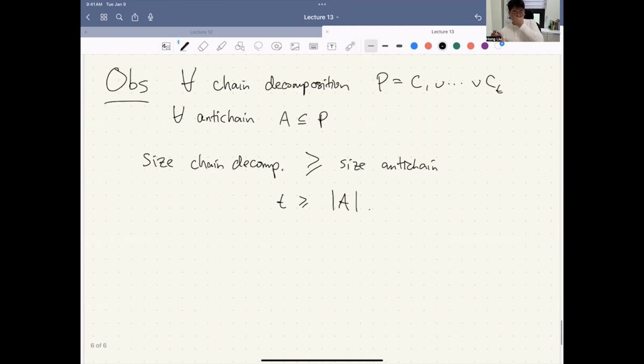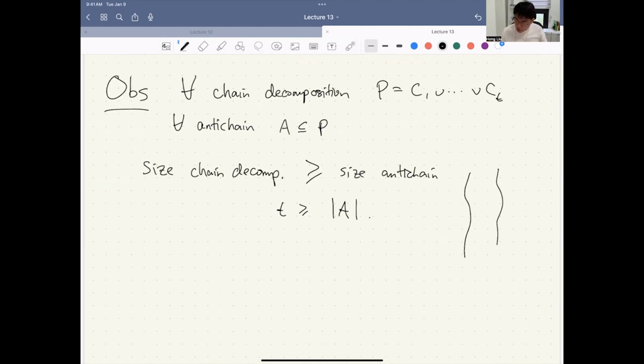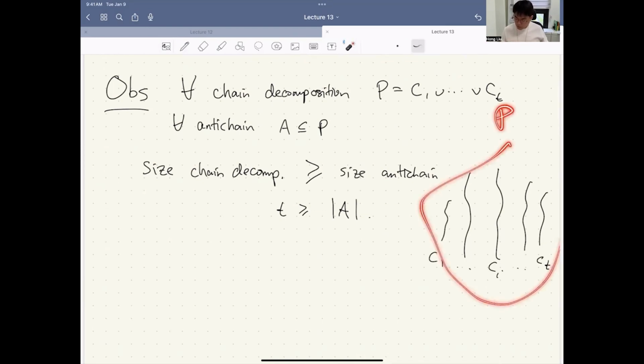Why? It's always good to keep this picture in mind. If you have a poset, this is your chain decomposition, C1 dot dot dot to CT. You partition your poset P into these chains. Each one of these chains is totally ordered, so they're pairwise comparable.